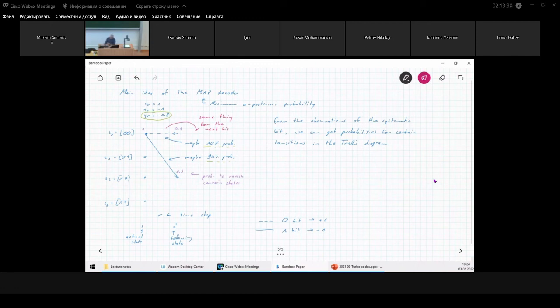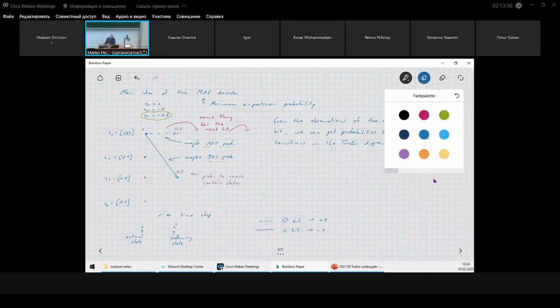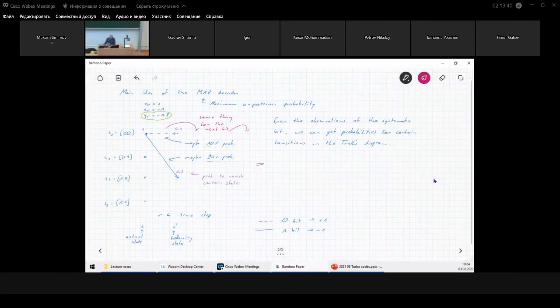So this is basically how we will go. So process the trellis up to the desired time step.